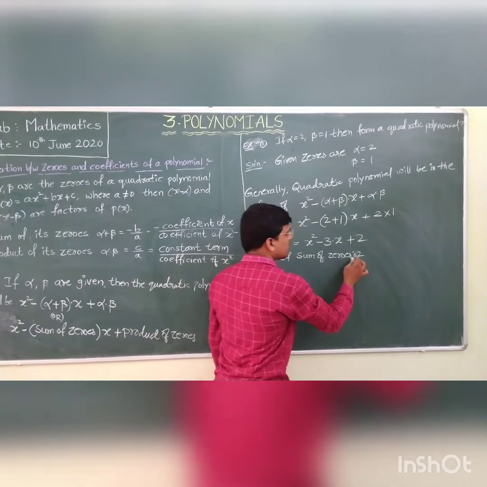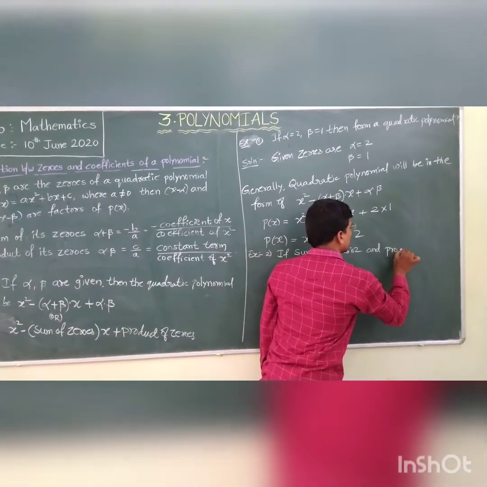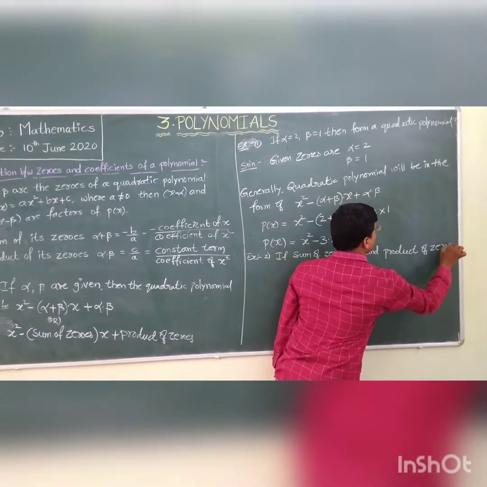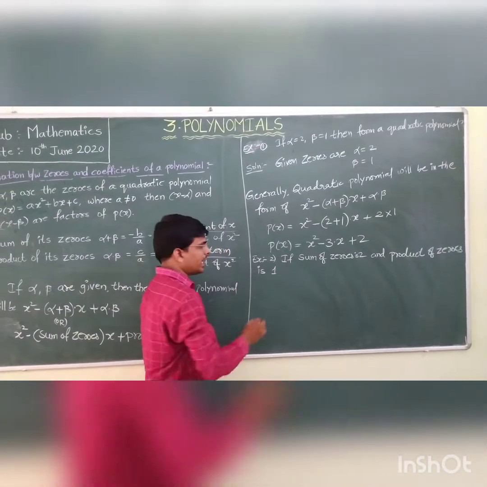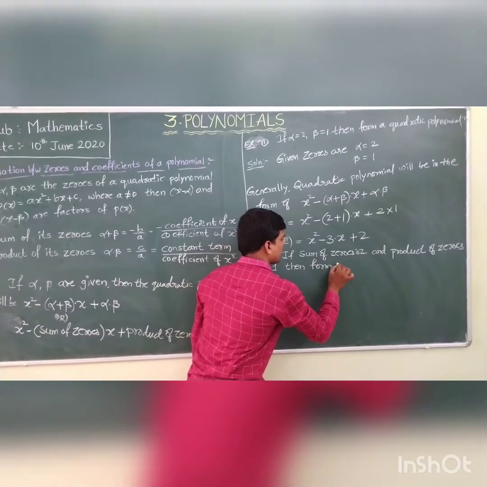If sum of zeros is 2 and product of zeros is 1, then form a quadratic polynomial.